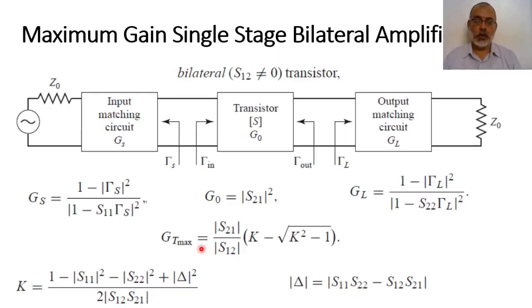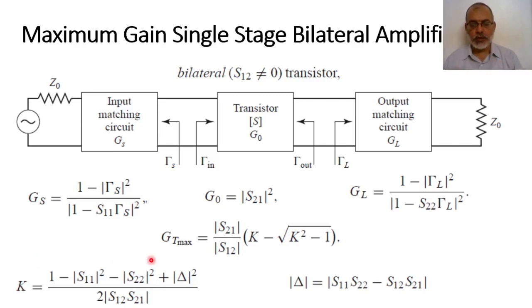Okay, so we have obtained the transducer gain for a single stage amplifier for both unilateral and bilateral transistors. It should be noted that for the stability condition, the value of K must be greater than unity and the value of delta must be less than unity. So at the edge of stability, the value of K is unity.